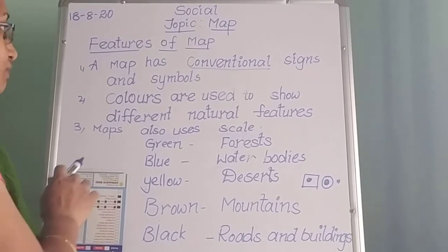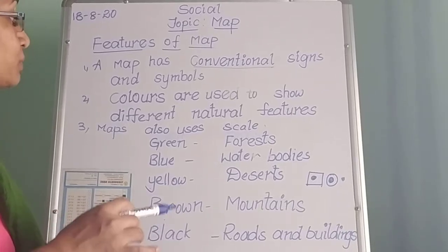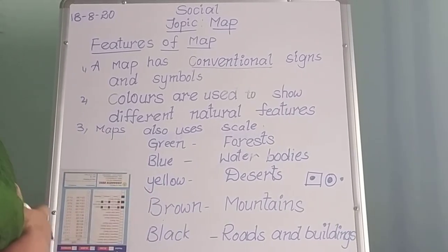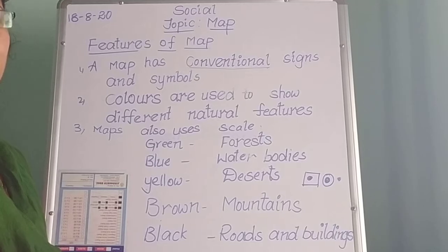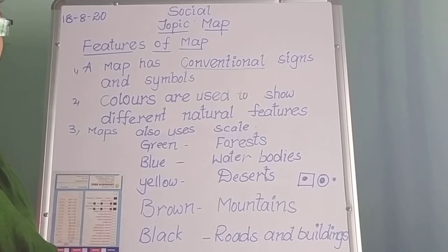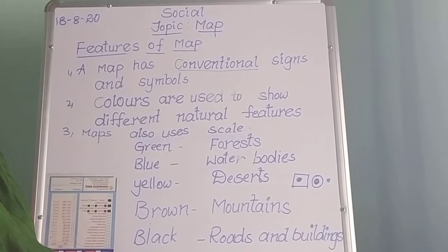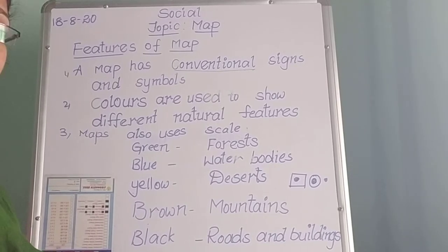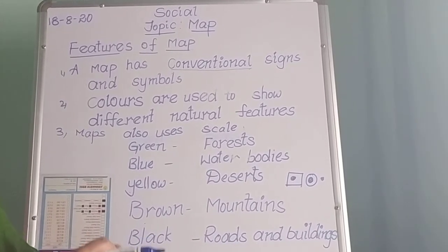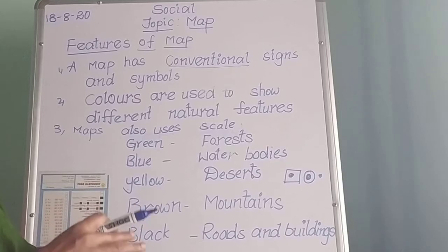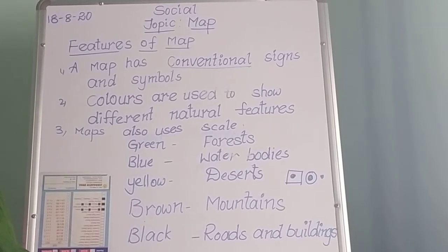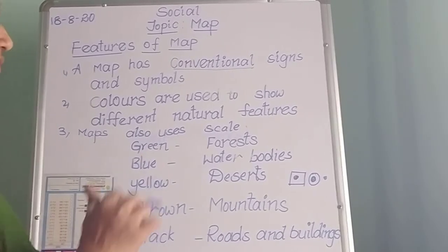One more feature of the map is that maps also use a scale. So what is this scale? There is a lot of difference between the map and the actual ground.